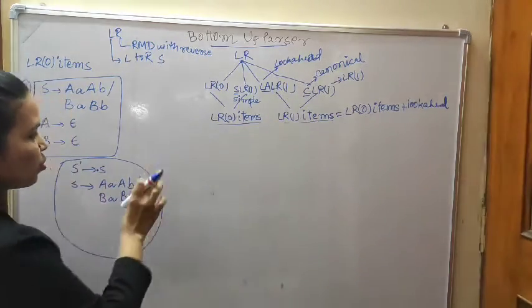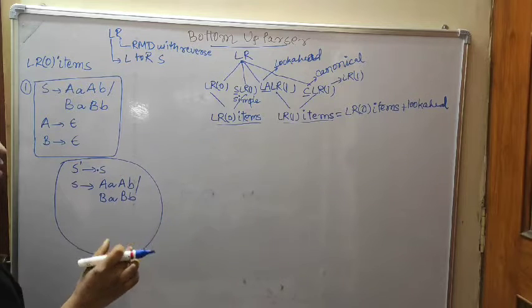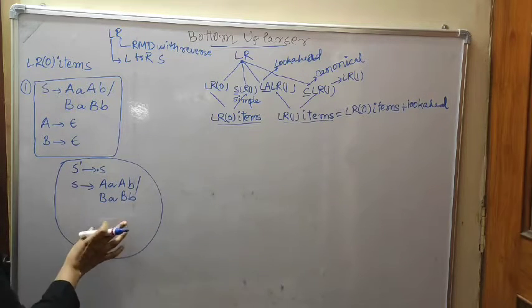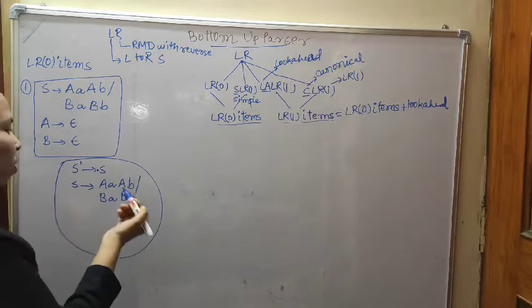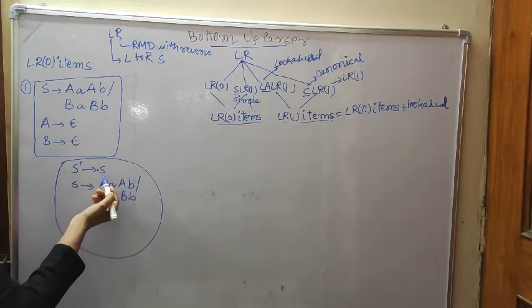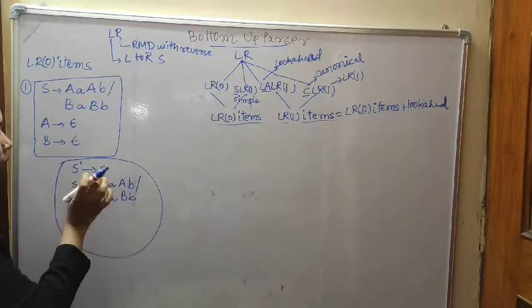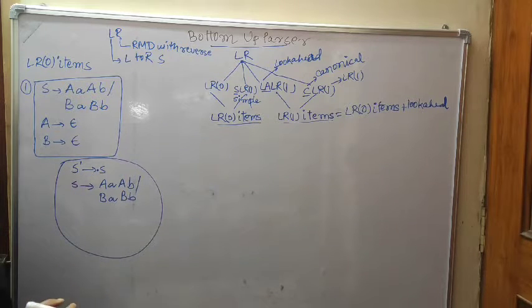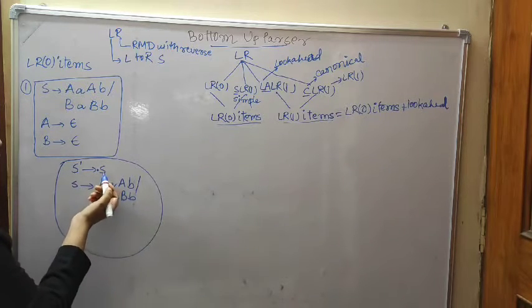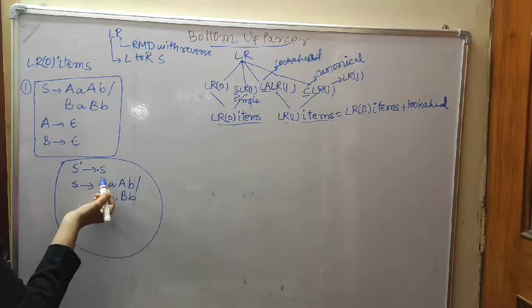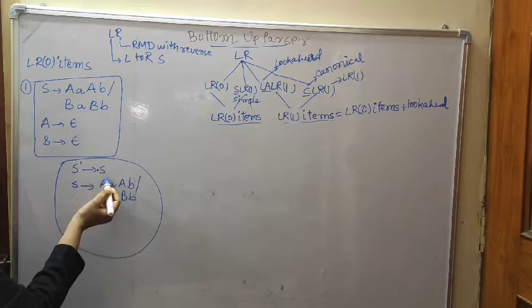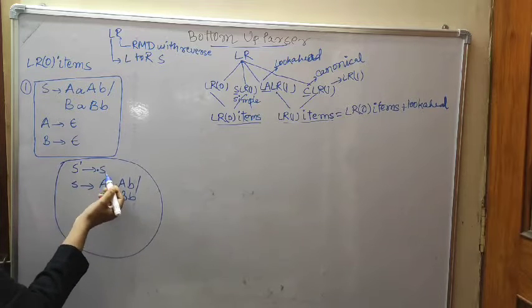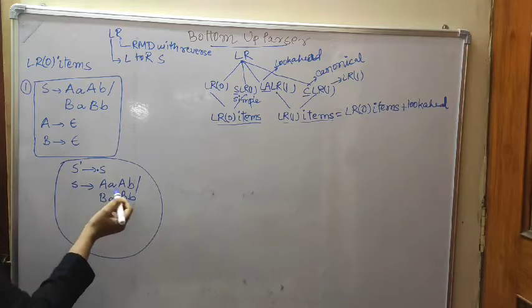Whenever we construct the canonical set of items, we give the dot before the variable. Why? Because we have not read that variable yet. So dot S is given, and S is a non-terminal variable.